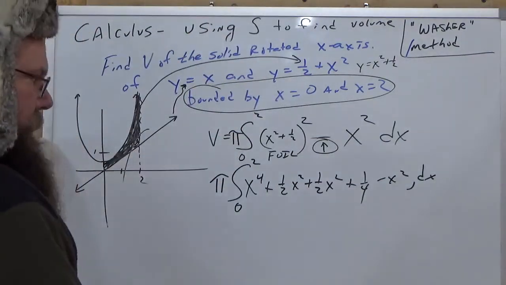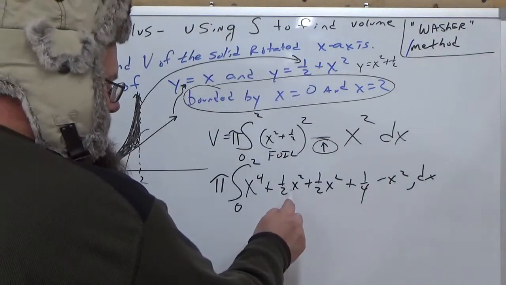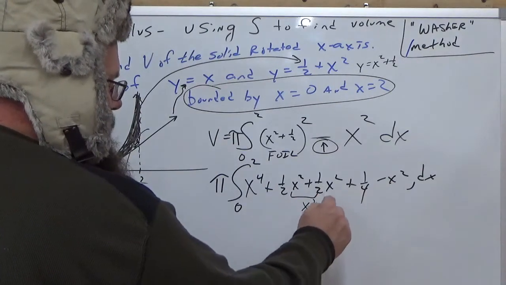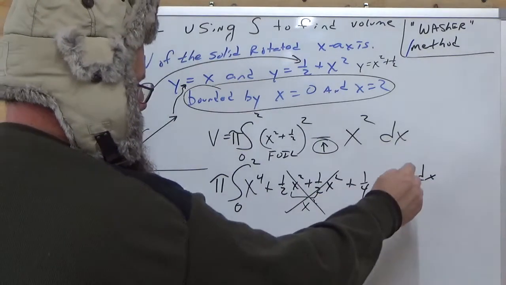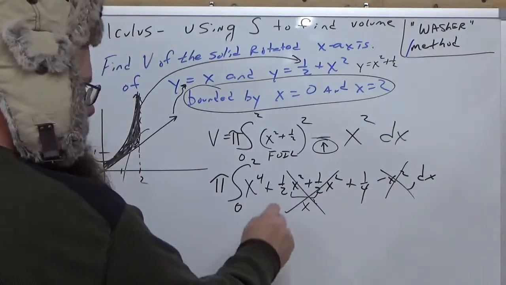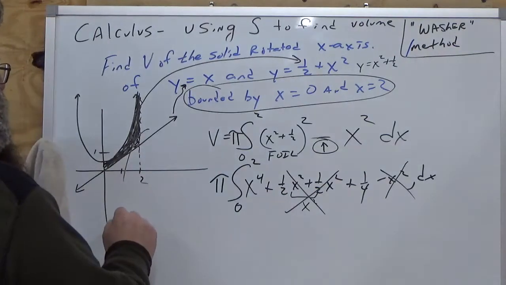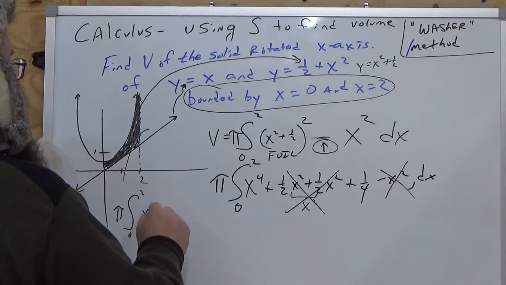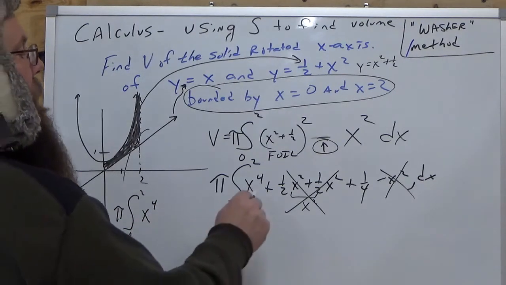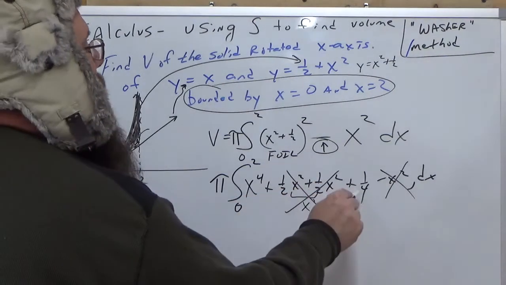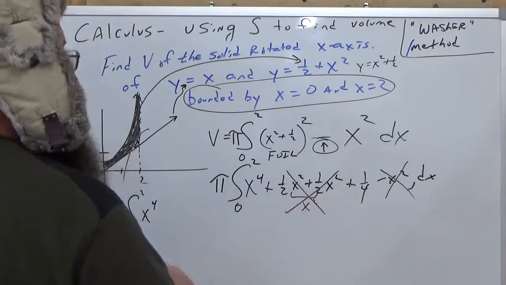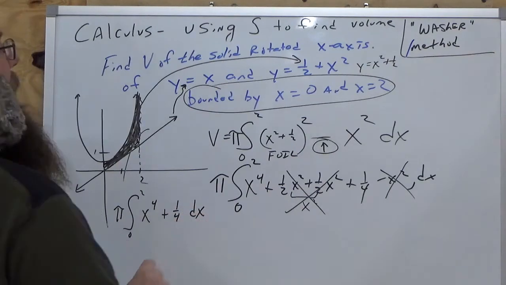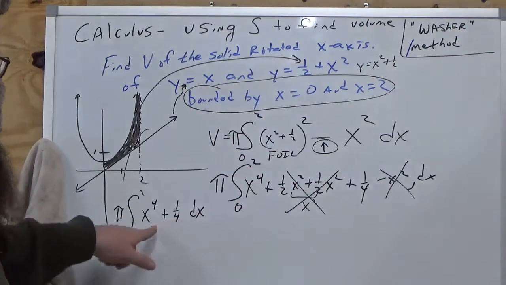Oh yeah. 1/2 x squared plus 1/2 x squared, these two come together and make what? 1 whole x squared. And guess what? That cancels with that minus x squared. So what this turns out to be over here is pi, integral from 0 to 2 of x to the fourth plus 1/4. Look at that. This whole mess just simplified to that.